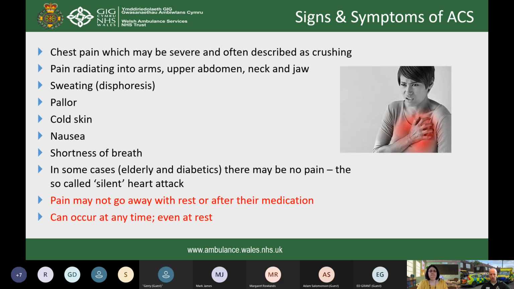They're going to be dripping wet, but again, depending on where in the heart it's affected. They will be pale because their pumping and blood supply to the body is reduced. They're going to feel cold. Nausea and vomiting is quite common. And in some cases, the elderly and diabetics may have no pain, called silent myocardial infarction.